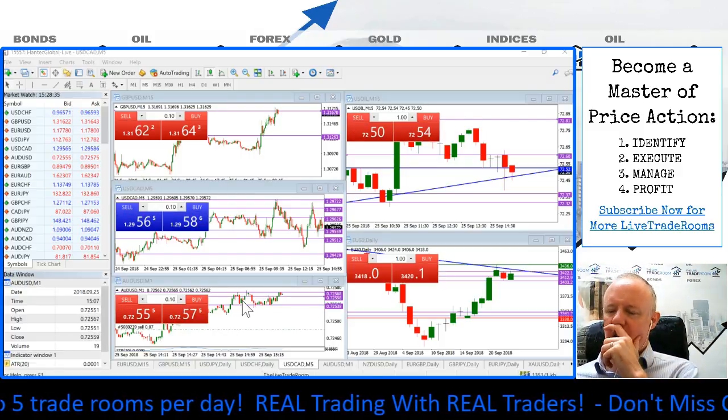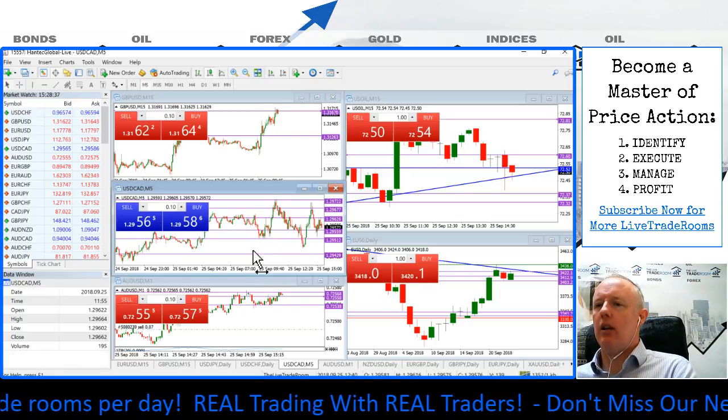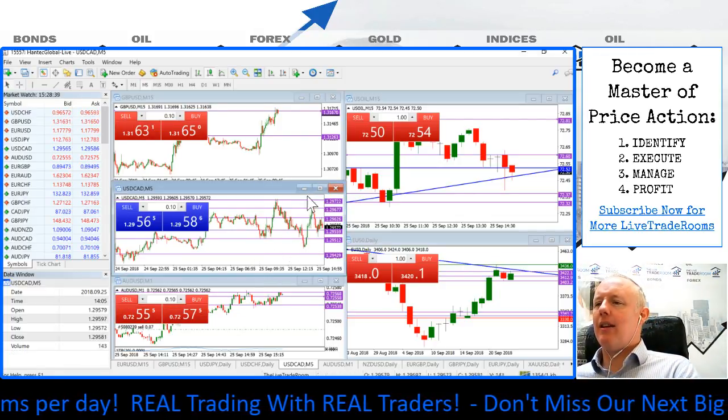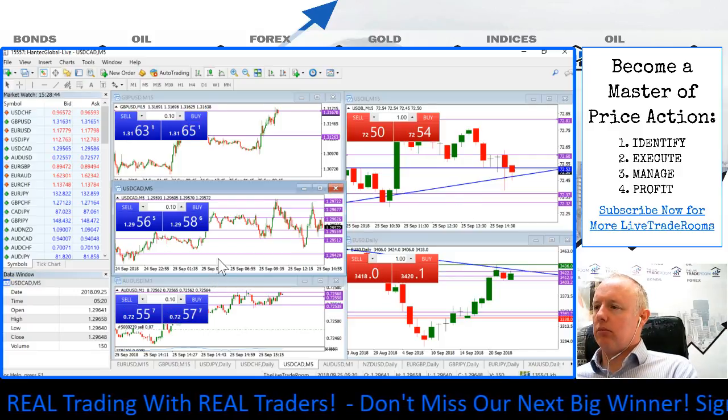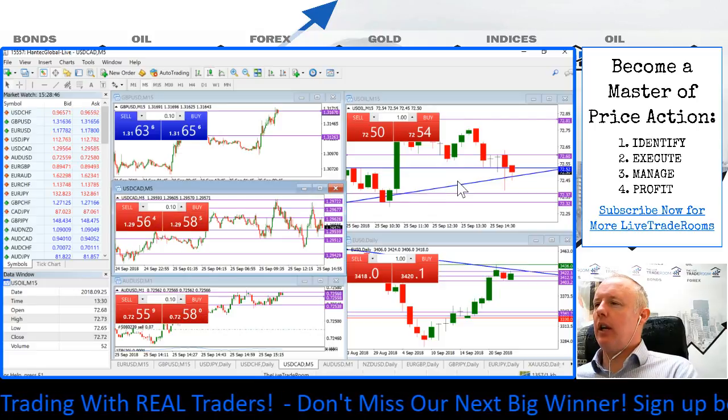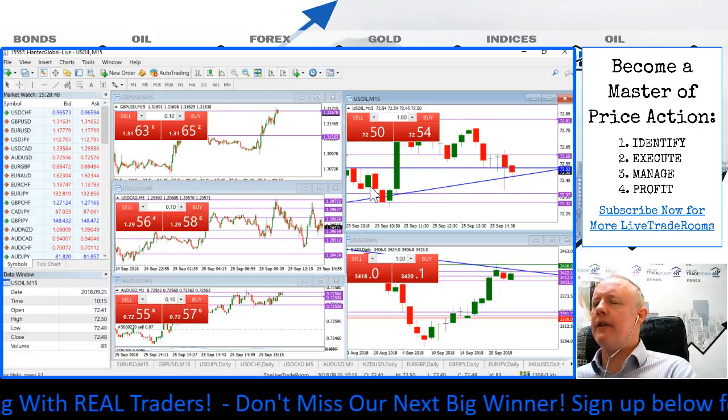We have the dollar currently selling off against the Aussie. Dollar CAD not really showing any directional support for us. The US oil was just coming back off its lows.